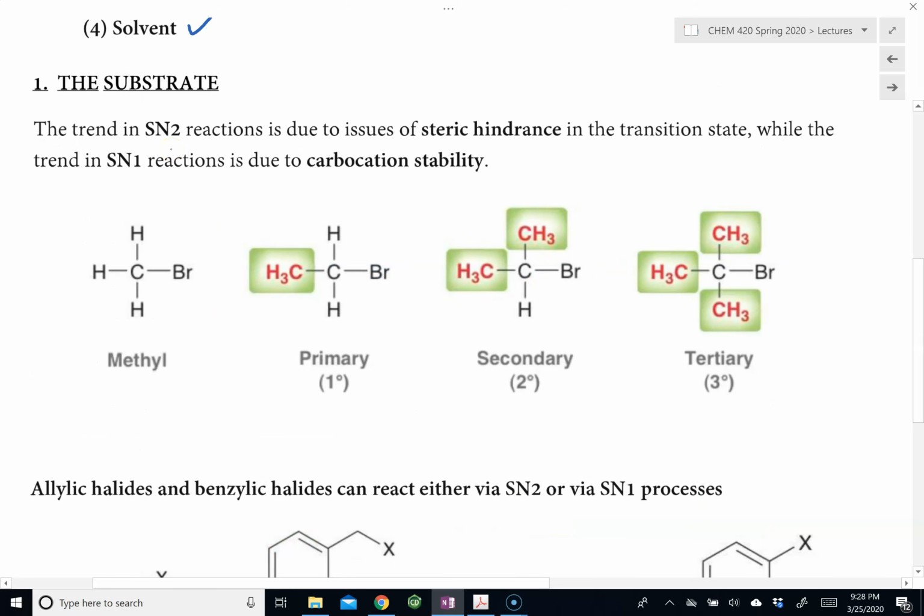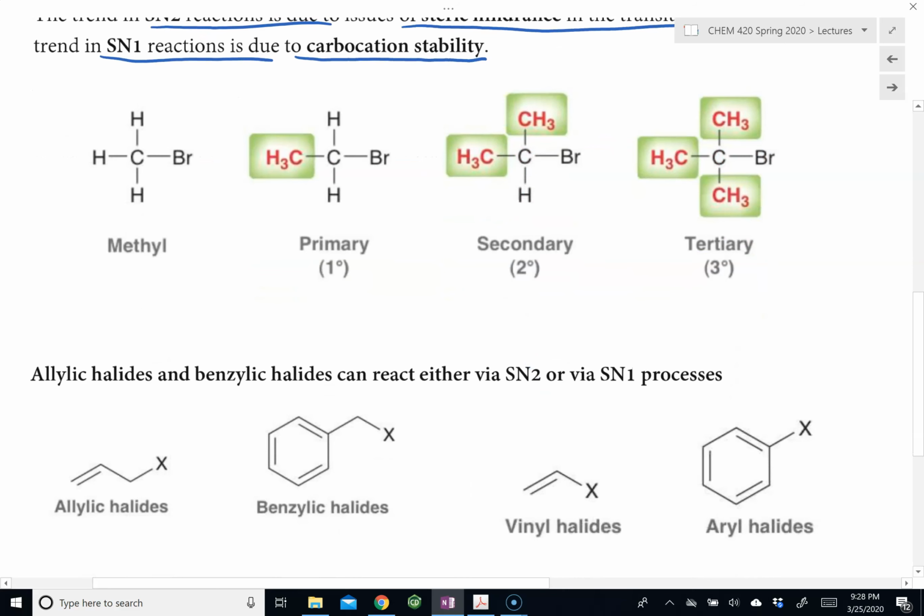So now, let's focus on the first factor, the substrate, or the structure of the substrate. We have observed that the trend in SN2 reactions is due to the steric hindrance of the transition state, which comes from the structure of the substrate, while the trend in SN1 reactions is due to carbocation stability. Therefore, the methyl and primary substrates would favor the SN2 reaction, because they are less sterically hindered.